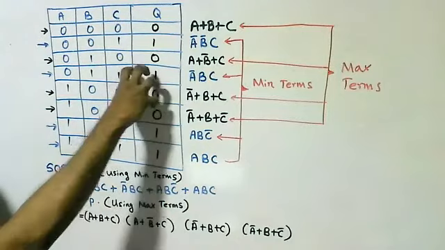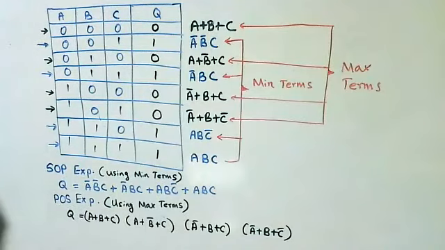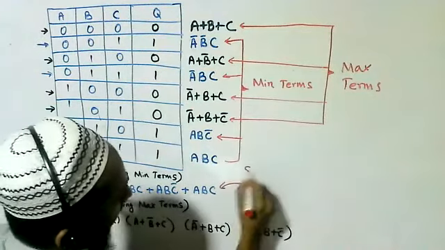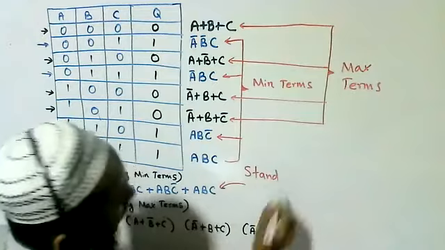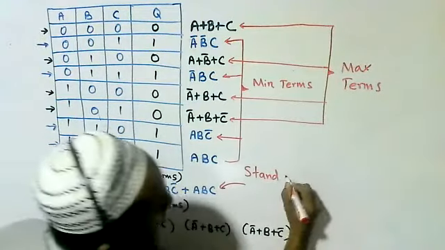By using this truth table, we can have the SOP expression and POS expression. There's a name to these expressions. Yes, that is called standard SOP expression. Don't write, students. I'll give the time to write this one. Just concentrate.